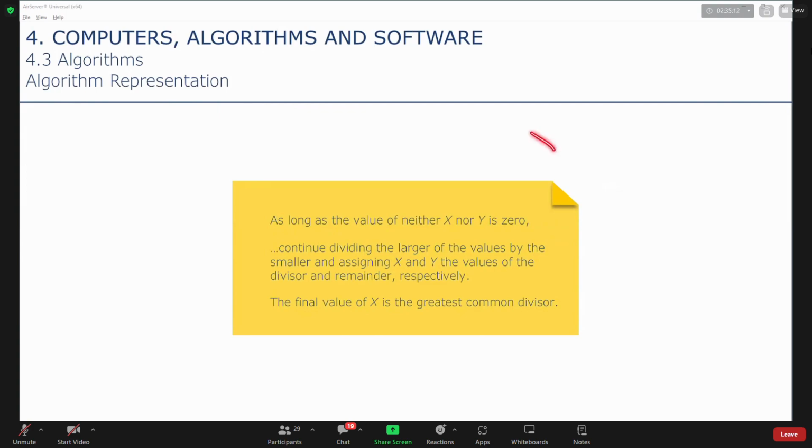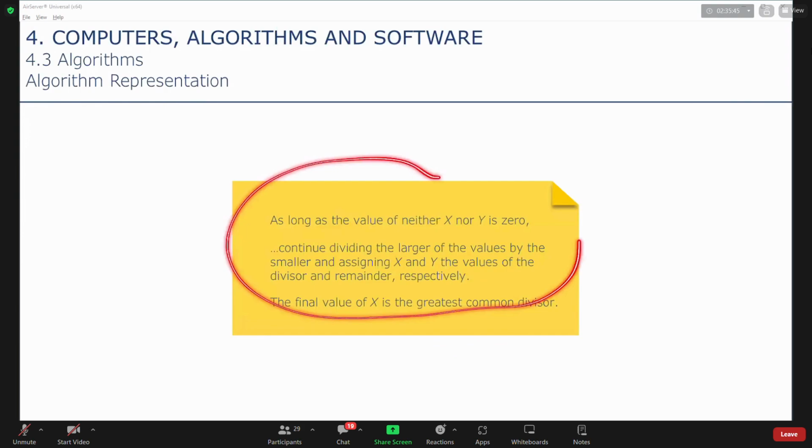So then how can you represent such an algorithm? There are different ways. Maybe you are starting with something text-based. So as long as the value of neither x nor epsilon is 0, continue dividing the larger of the values by the smaller and assign x and epsilon the values of the divisor and remainder, respectively. The final value of x is the greatest common divisor. Do you remember? That was the very first example we did in the first session of our informatics lecture, finding the greatest common divisor.